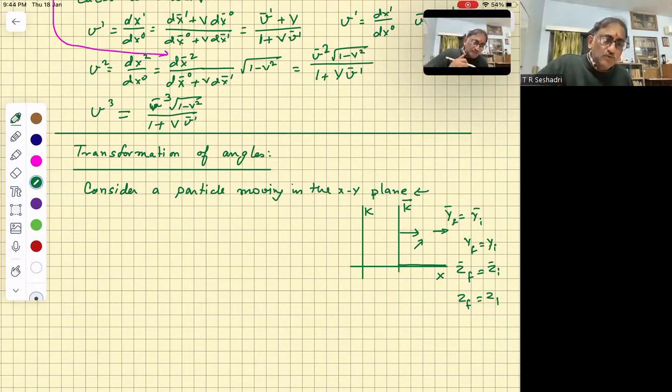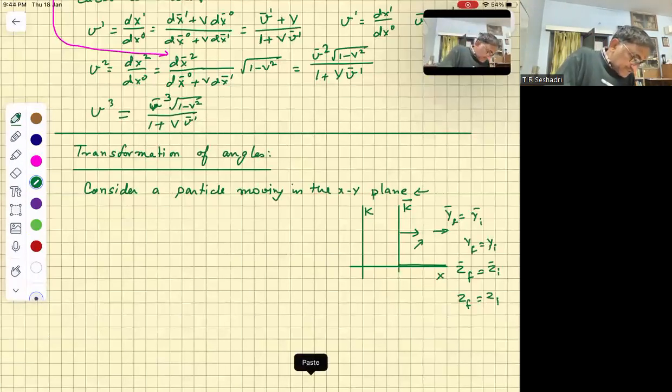I rotate my coordinate system about the x-axis in such a way that this instantaneous velocity of the particle lies on the XY plane. Is it clear? Okay, fine. So now I consider such a geometry.